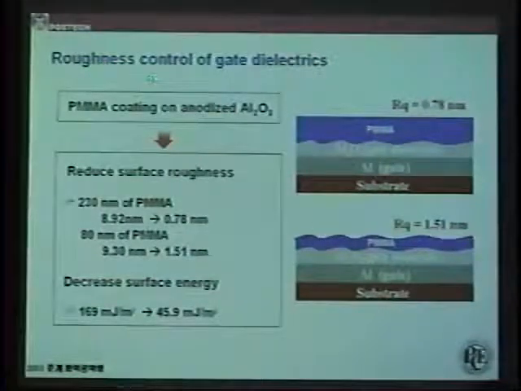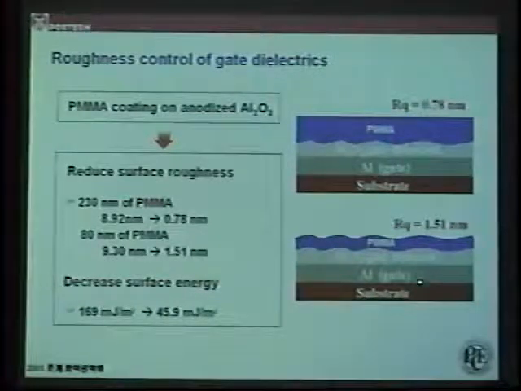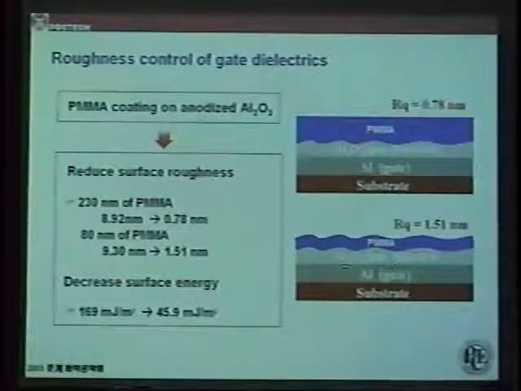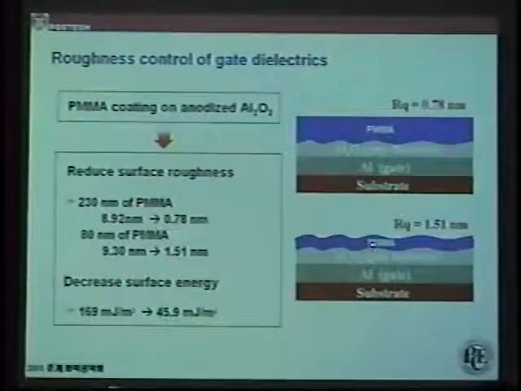We made a device with a silicon substrate coated with aluminum as a gate, and the aluminum was anodized to form alumina, aluminum oxide, which acts as a gate dielectric, and this has a very high surface energy. So in order to match with the pentacene, we reduce the surface energy by applying polymethyl methacrylate, PMMA.